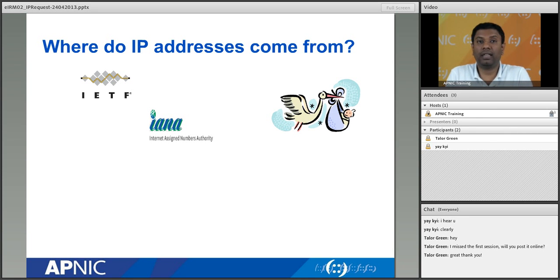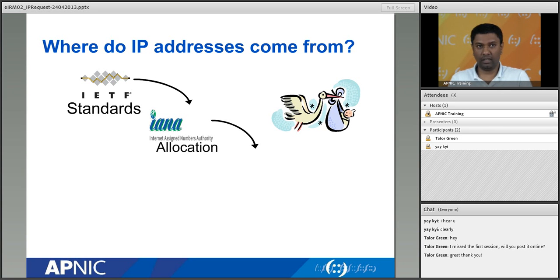But when you connect your network to the internet, you need a public address. That public address comes from a defined source. The IETF usually defines the standard, and then it goes to IANA, the Central Internet Registry.